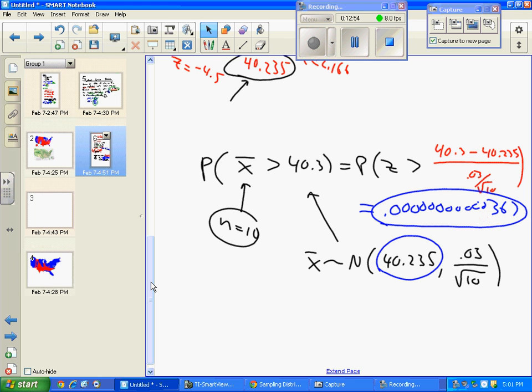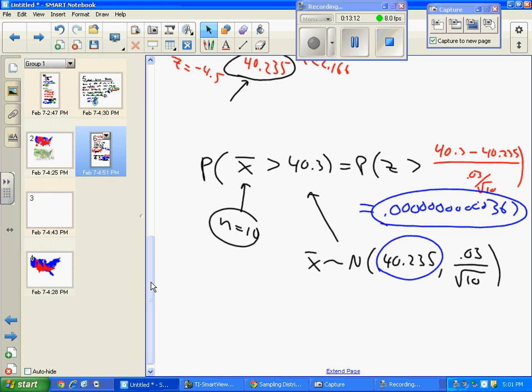Now, I haven't stated the null hypothesis and alternative hypothesis yet. I will get to that, but this is just to give you the idea of what's called a hypothesis test, or what it means to be statistically significant. So in this statistically significant result, we found something very rare.